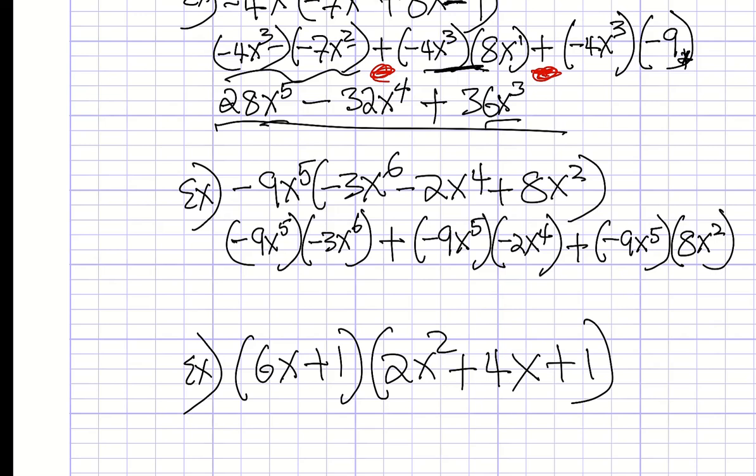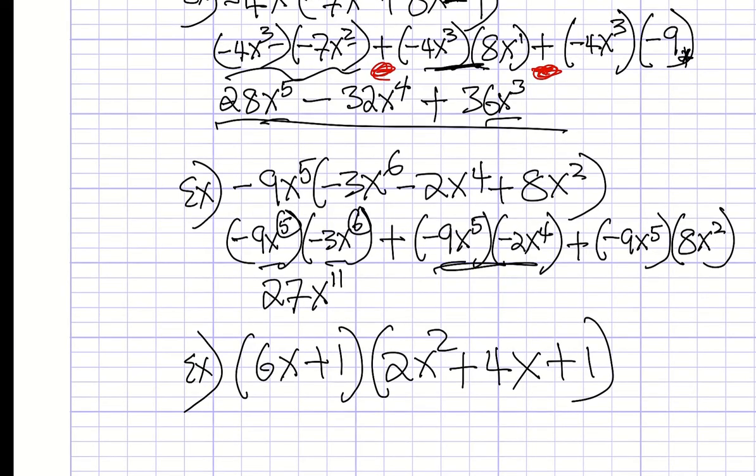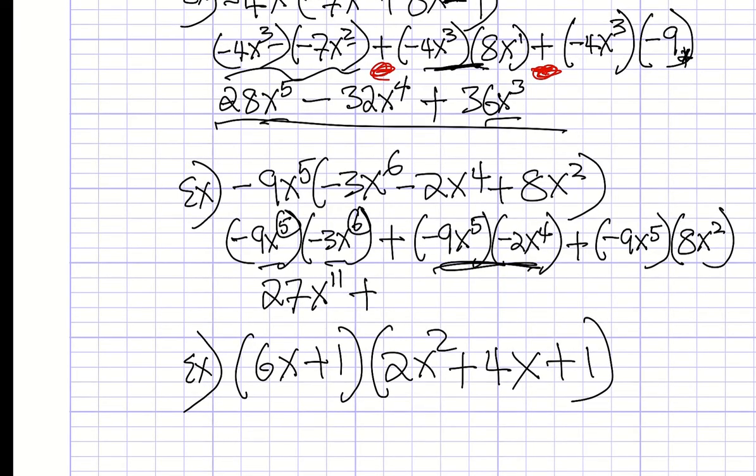So that's the way I like to do it. Okay, so this is, you see, negative times negative, you get 27. Those two, you have to add together. You get x raised to the power 11. You see that, right? Now this is going to be positive, so plus.